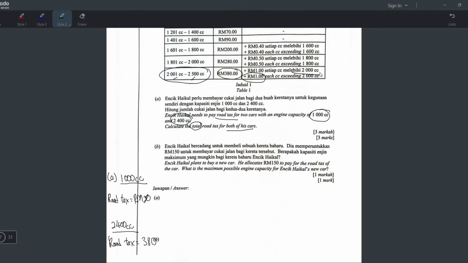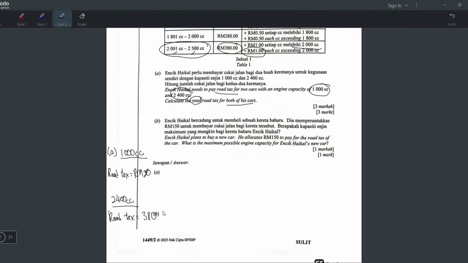Kalau 2002cc, then 380 tambah RM1 2 kali. Itu maksud dia. So kalau sekarang 2400, you kena tambah RM1 400 kali lah. Sebab you kena tolak dengan 2000 dulu, because you want to know berapa dia melebihi, and then darab dengan RM1.